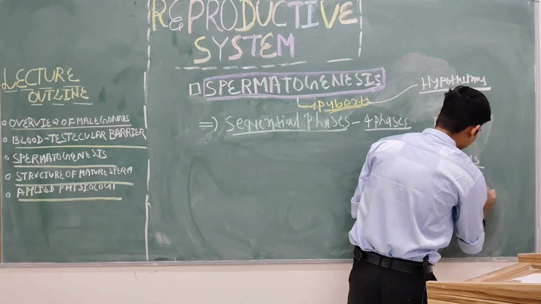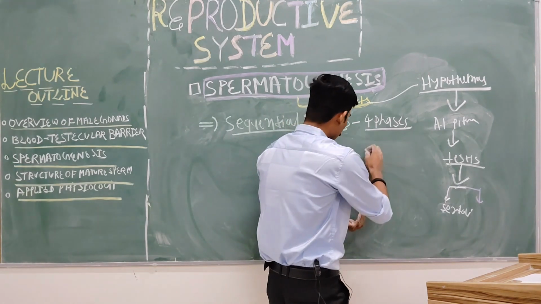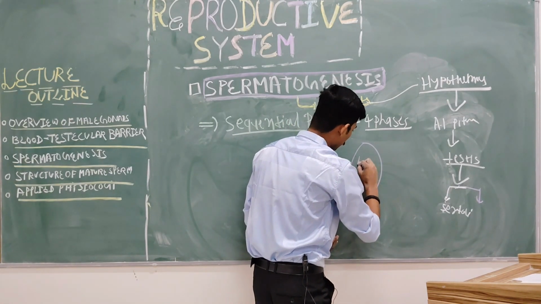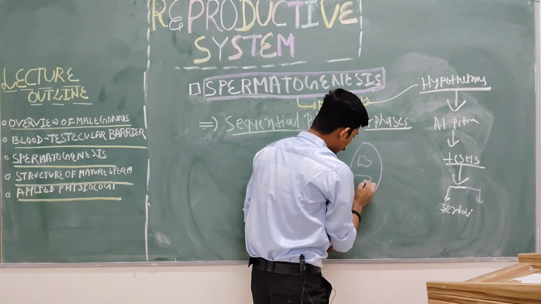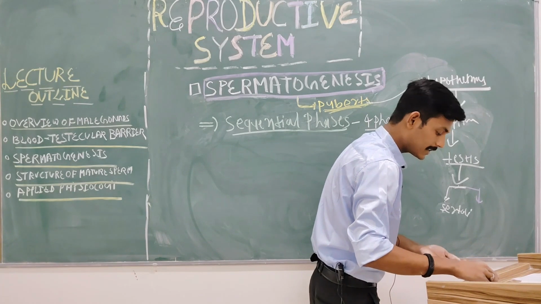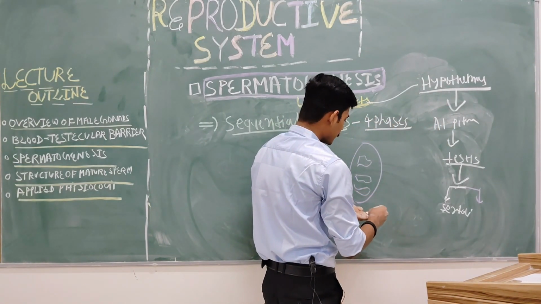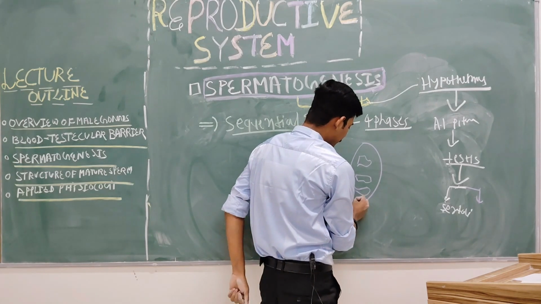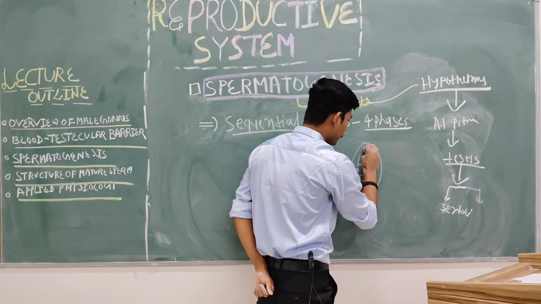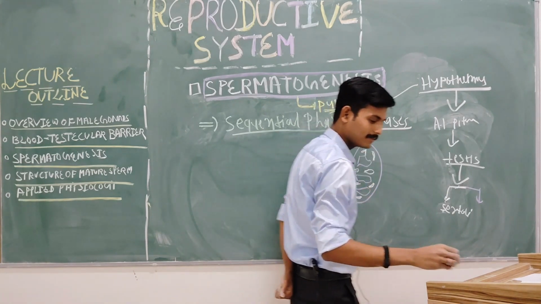One thing I forgot to tell you: when I drew the structure of the testis and showed you the seminiferous tubules, there are other cells also present, and that is also a most important cell. How can I forget? I'm also a male.